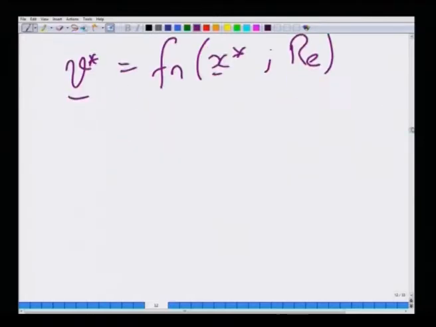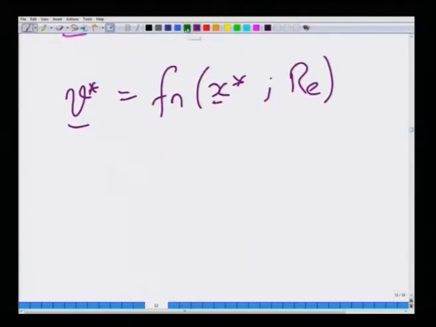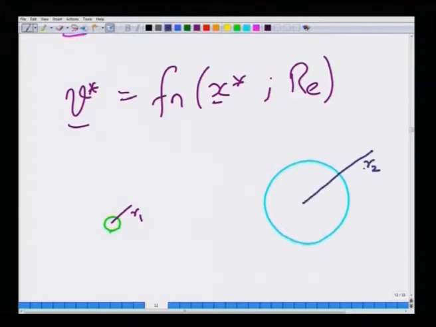So, suppose you have two different systems, you have a tiny sphere and then you have a big sphere. Now, you want to know what is the velocity at a point r 1, the distance from the center, and from here a point r 2, and the diameter of this sphere is d 1, the diameter of this sphere is d 2.